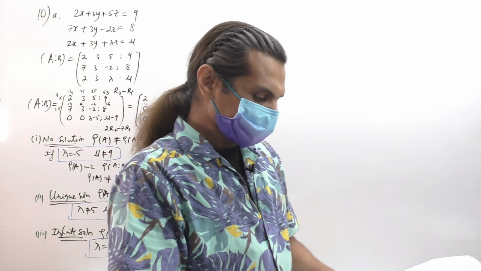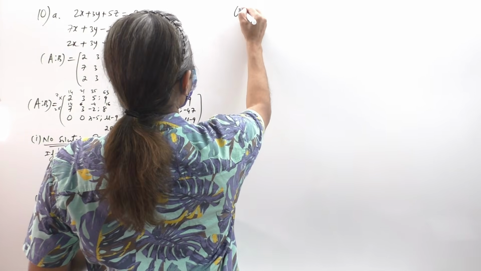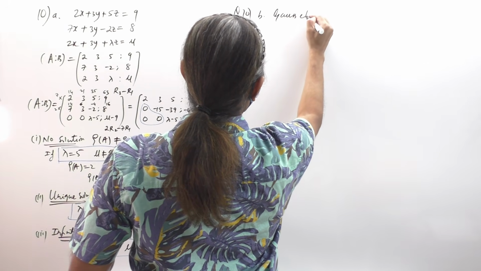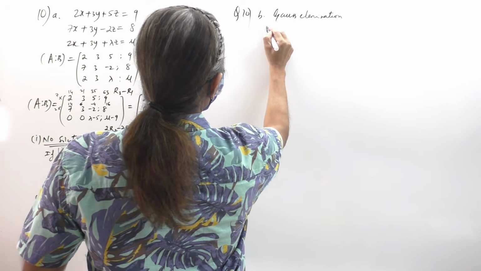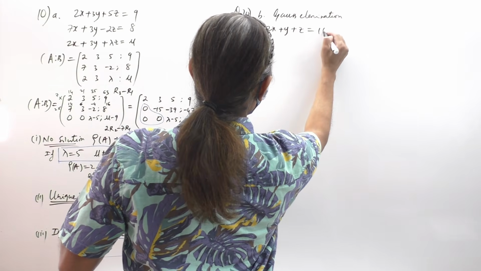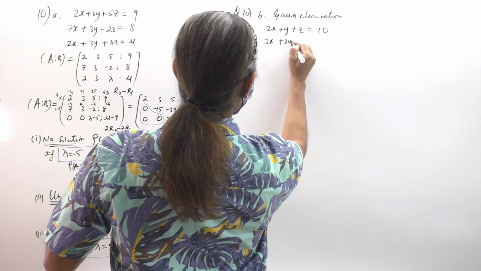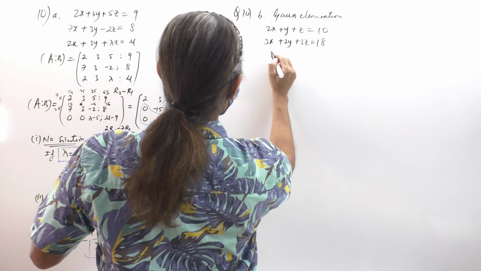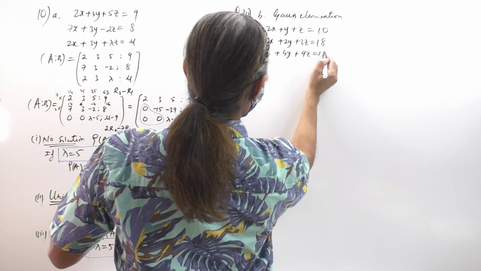Now the next one is solve by Gauss elimination method. Let's solve this also. Question 10b, Gauss elimination. So the question is 2x plus y plus z is equal to 10, 3x plus 2y plus 3z is equal to 18 and x plus 4y plus 9z is equal to 16.